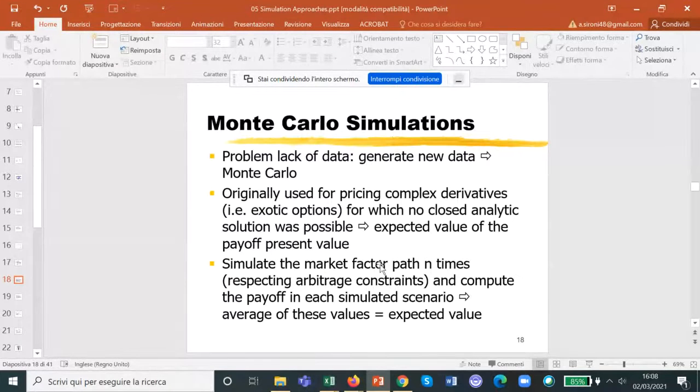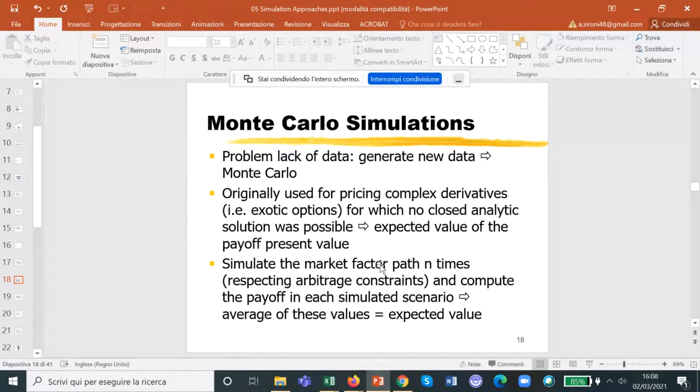Now, these techniques were originally introduced in finance for pricing purposes, not for risk management. And the idea was, when we have complex options for which we don't have a pricing model which is a closed formula, once again, what we could do is simulate the possible path of the underlying asset price many times, and then look at the different values of the option in these scenarios, and then compute an expected value.